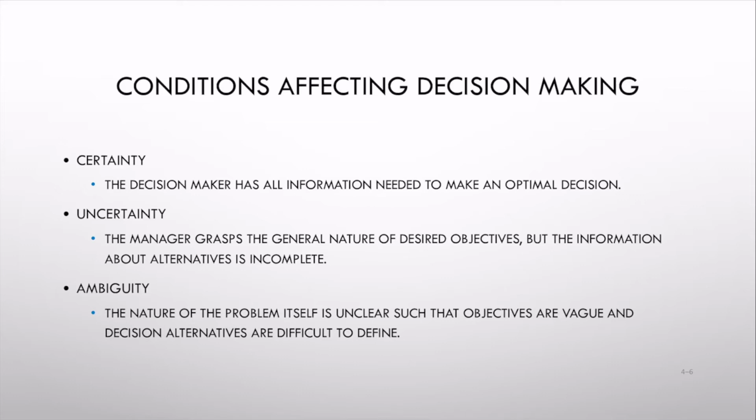Now, ambiguity, if you want an example of where and how that can come into play, ambiguity takes place a lot of times with these new industries that are innovative and creative. Let's say Microsoft or Google or HP. They are making decisions in an industry that is continually changing.